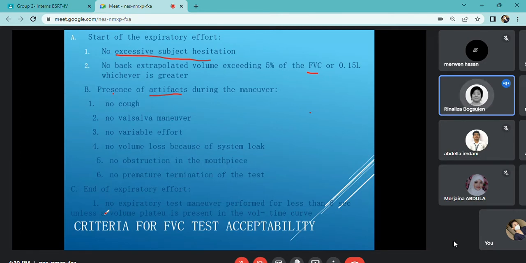No artifacts like coughing, Valsalva maneuver, variable effort, volume loss, obstruction, or early termination of the test. What else? No expiratory test maneuver for less than 6 seconds. Ibig sabihin nun, ang magic time is 6 seconds. Less than 6 seconds, that is early termination, unless you see already volume plateau.